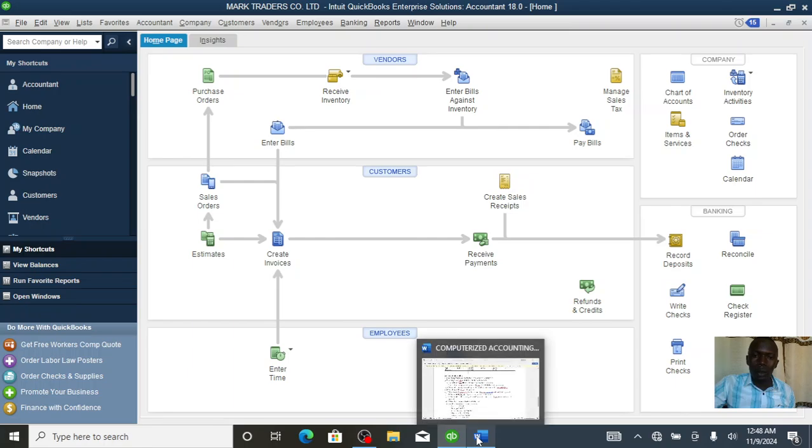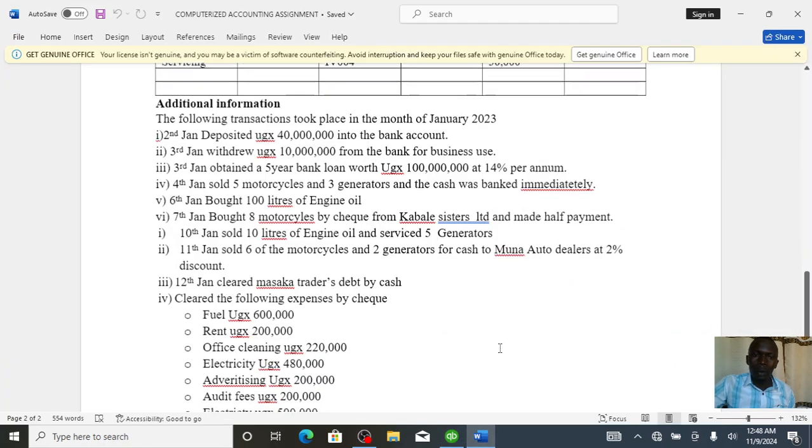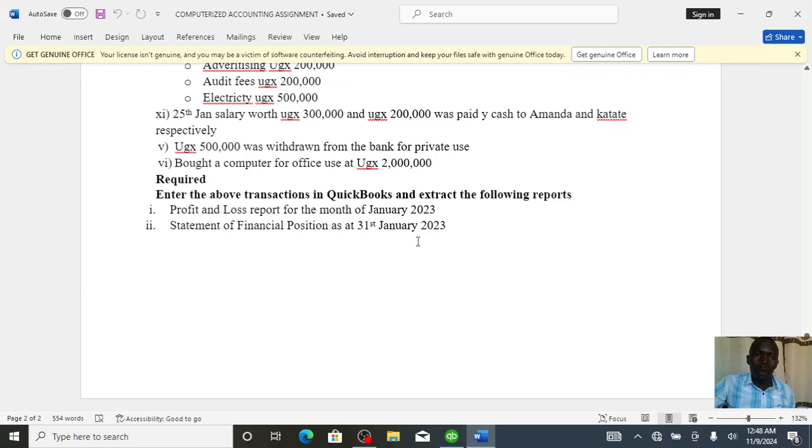So we go back to the question. They are saying enter the above transactions in QuickBooks and extract the following reports. We are going to extract profit and loss, then the statement of financial position at 31st January 2023.